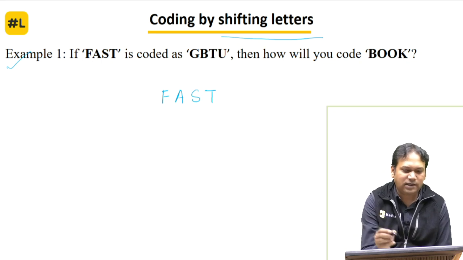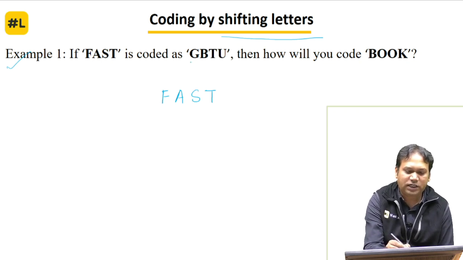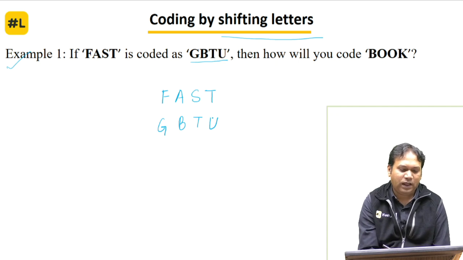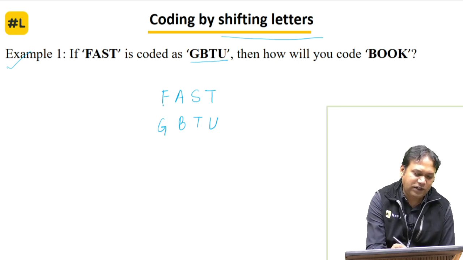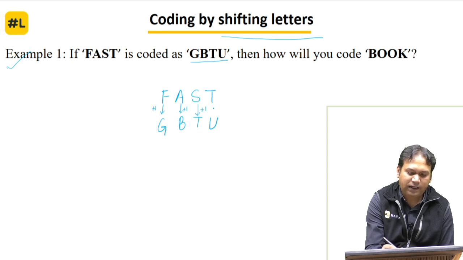So, fast is a word converted into GBTU. So, how have we converted fast into GBTU? What is the method? You see here EFG, F plus 1 shift forward by 1, A plus 1 shift forward by 1, S plus 1 shift forward by 1 and T plus 1 shift forward by 1.